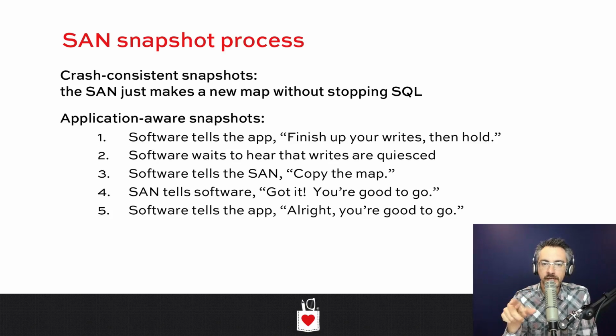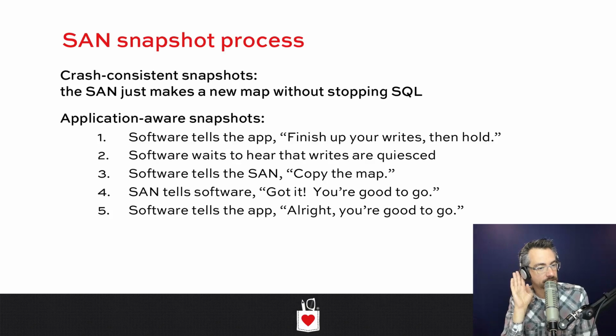So what you'll see with SQL servers is people use application-aware snapshots. This is where there's a driver involved. The driver works in cahoots with the SAN to say, all right, Windows, I need you to freeze all writes to a particular volume or drive letter or mount point. Windows sends out this notification to all running applications, including SQL Server.